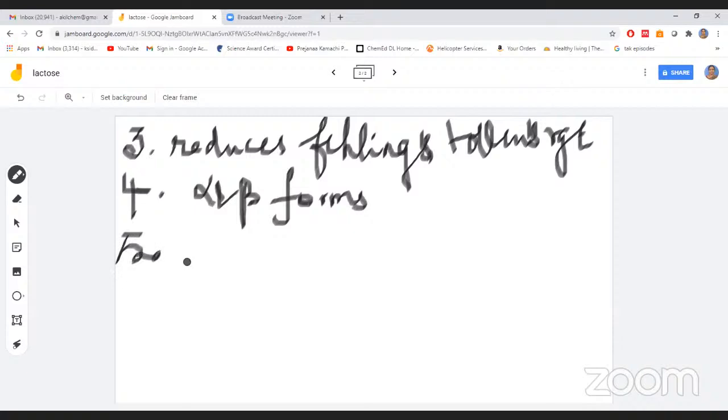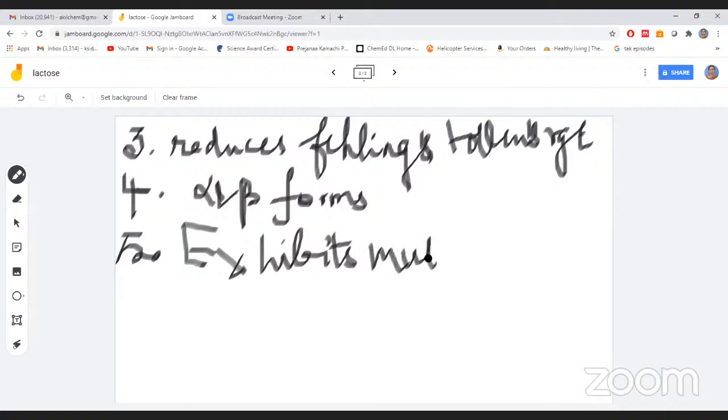All these points confirm that lactose has an open or free carbonyl end. All these points conclude that there is a free carbonyl end.